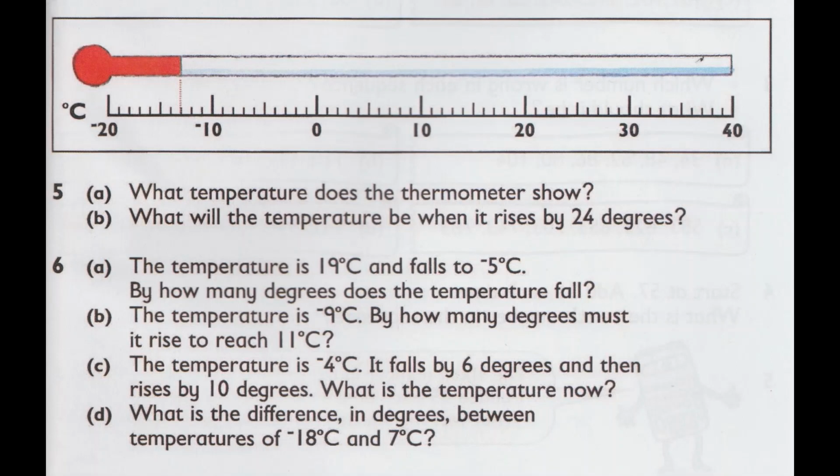Just remember, when you're writing these answers, don't forget to put the negative if there's a negative answer. And in this situation, don't forget to put the degrees Celsius, like I'm circling here.